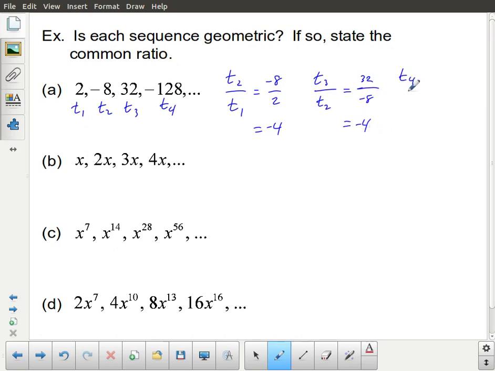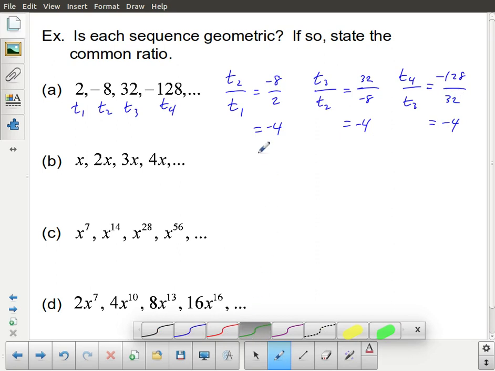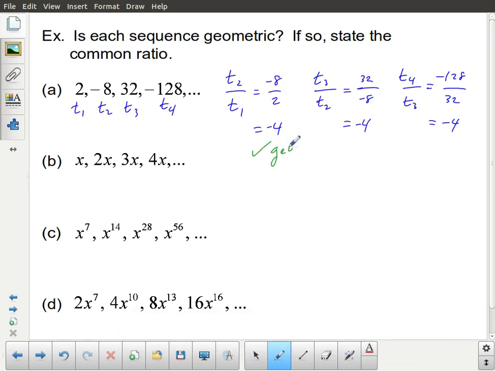And T4 over T3 is -128 divided by 32, -4. These are equal, so this is geometric. And the common ratio is -4.